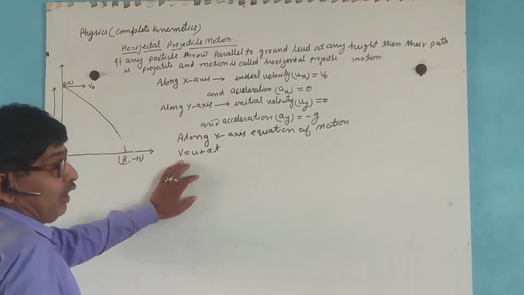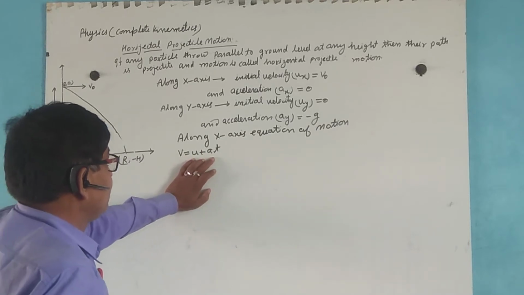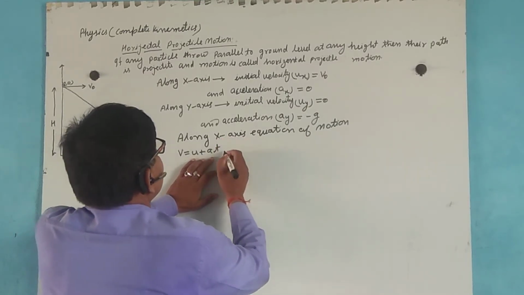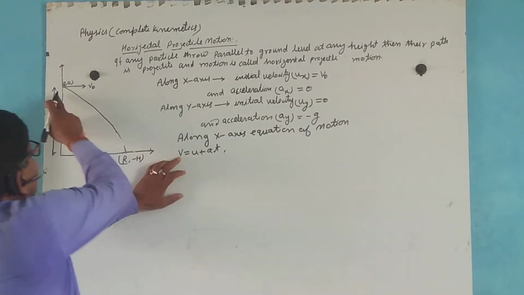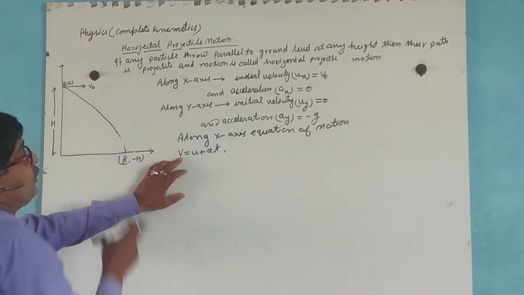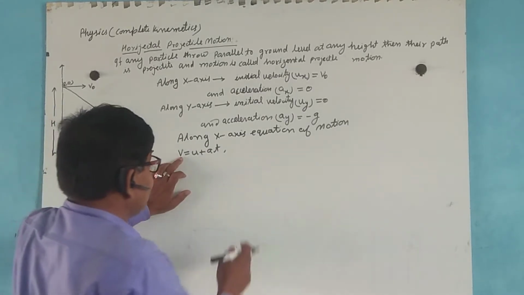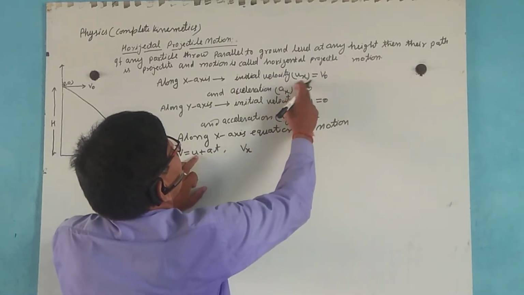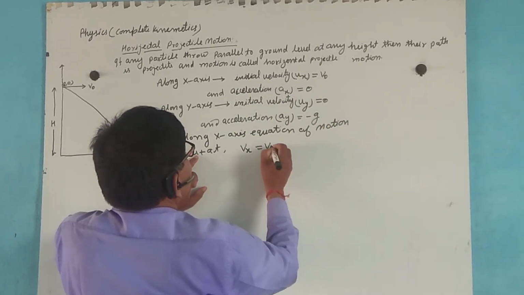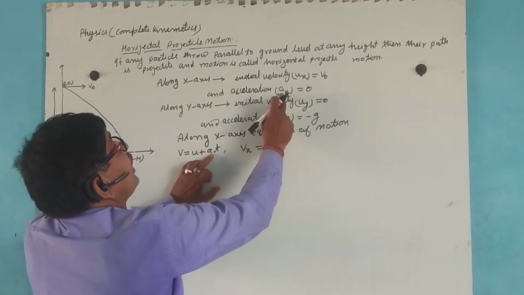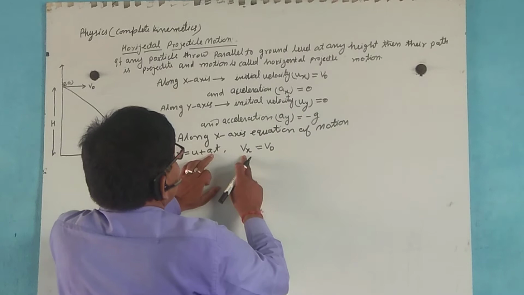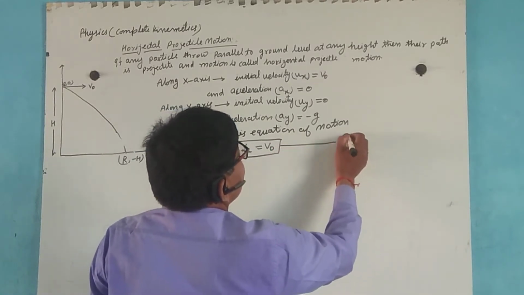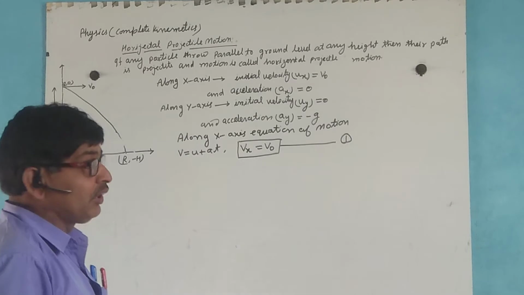Here v is the final velocity, in this case vx, and u is the initial velocity ux, which is equal to v0, and the acceleration along the x-axis is 0, so vx is equal to v0. This is the first equation.